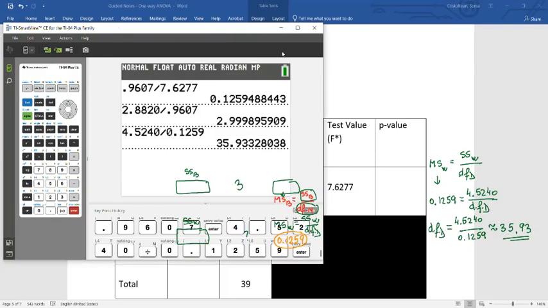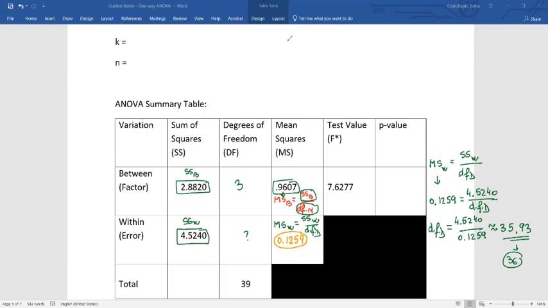I will round it to 36. So now we have the degrees of freedom right here, and that will be 36. You see that this matches up with this. We could have just found it by subtracting from 39 the 3 that we found first, but we want to make sure that everything matches up. I'll let you add these two, which will be more than 7. Okay, so please do so.